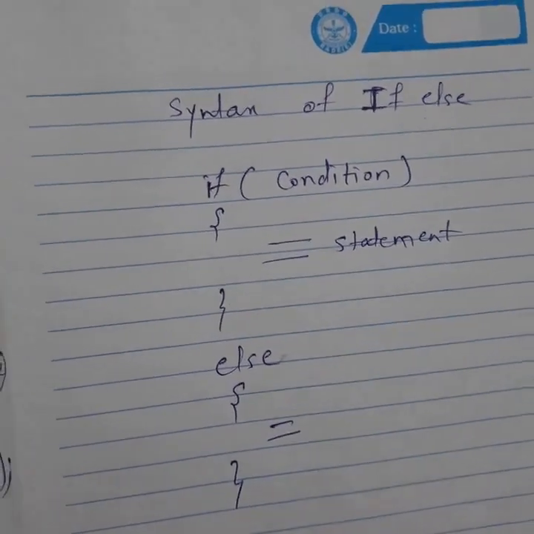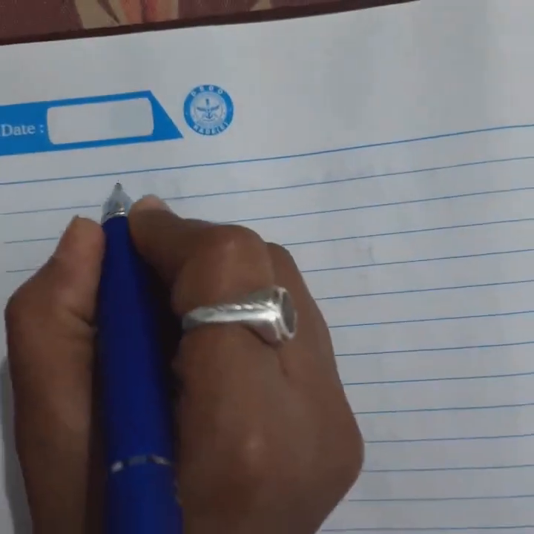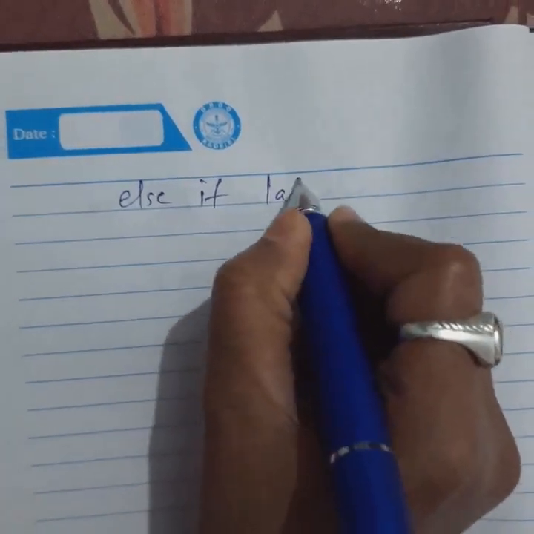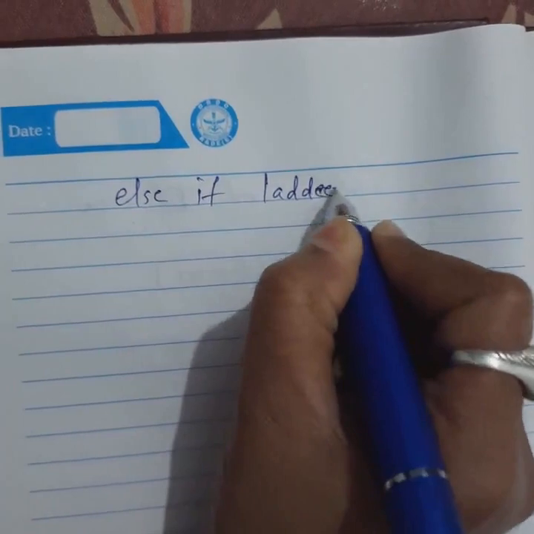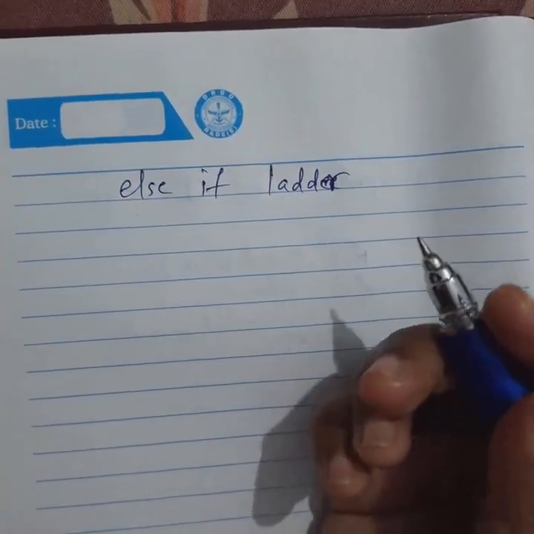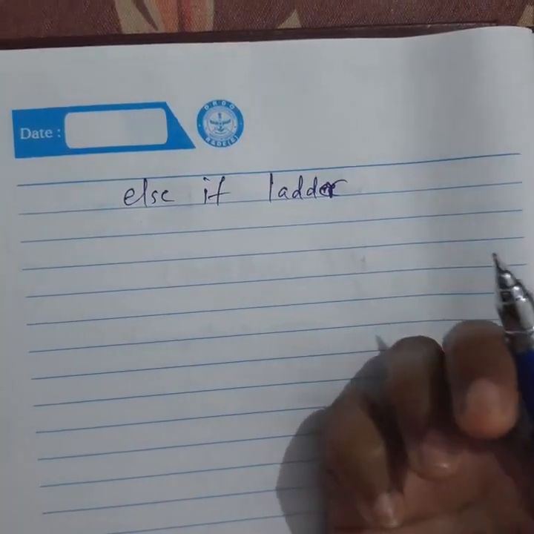After that, the else if ladder will be used here. I write a program of else if ladder, that is greatest of 3 numbers. The else if ladder is used when you have more than 2 conditions.